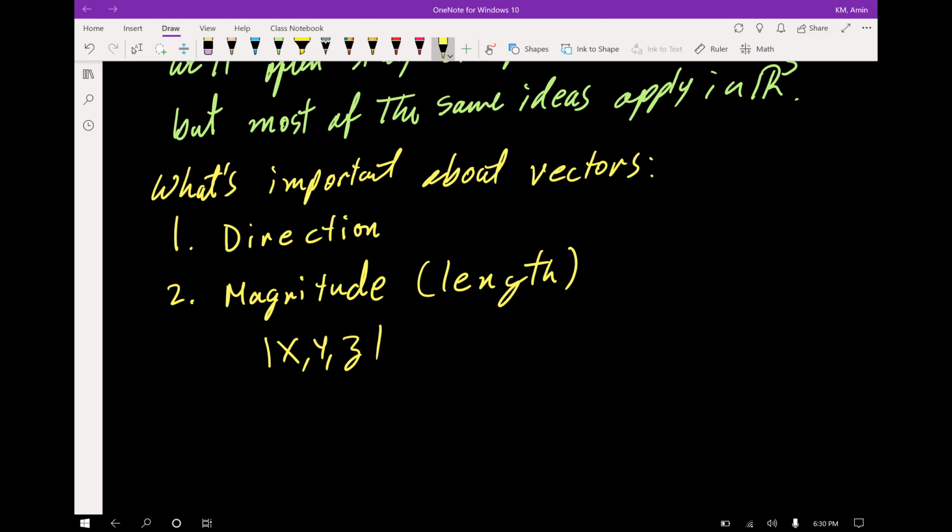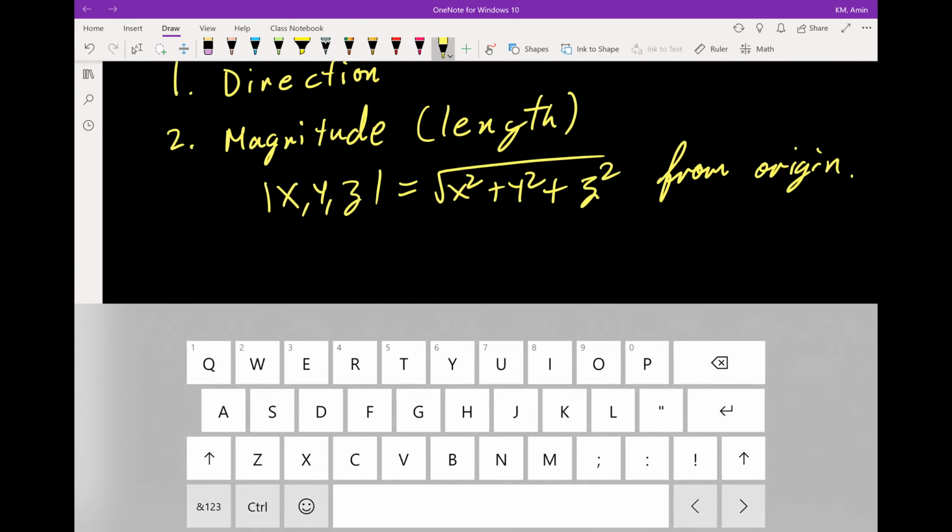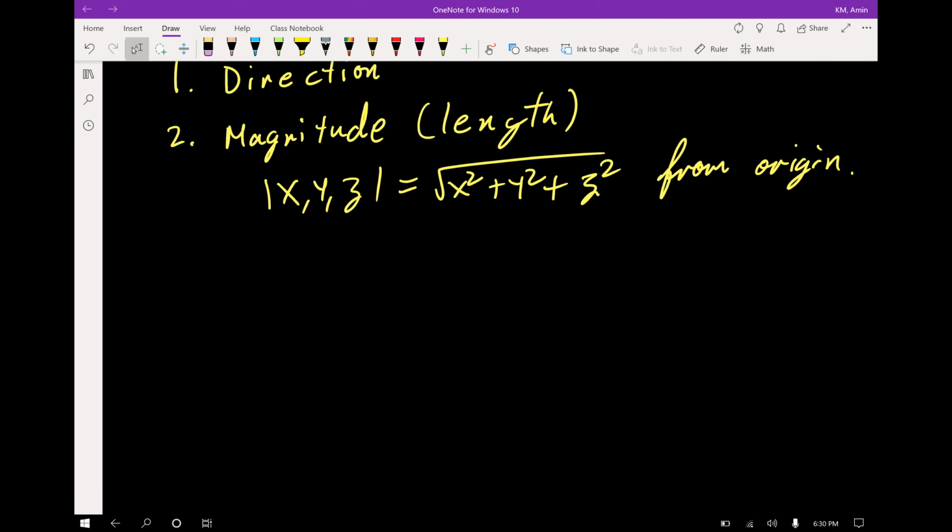This is the symbol we use for magnitude. If it's from the origin, that's what it looks like. If it's not from the origin, what's the magnitude of the vector? V1 squared, V2 squared, V3 squared.